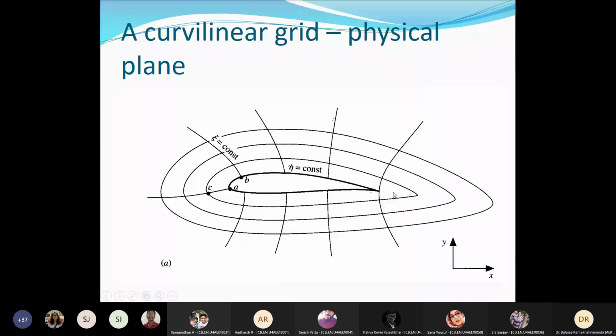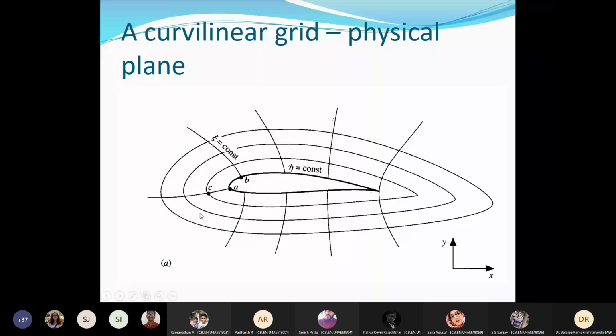So the x at 4 comma 1 is 5.2 units. And the y at 4 comma 1 is 3.2. So we have a corresponding x and y for every zeta and eta.